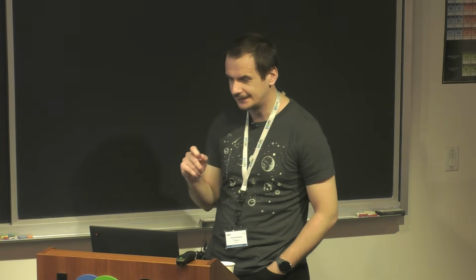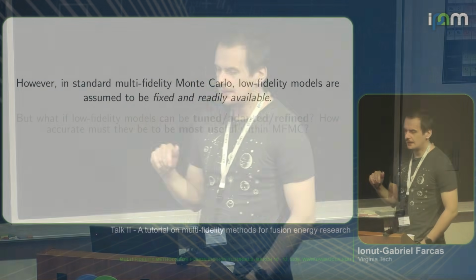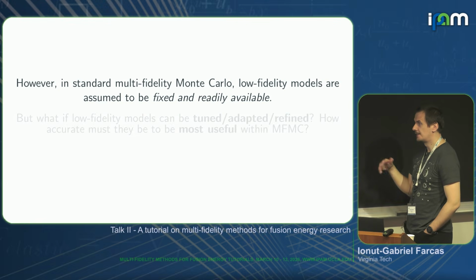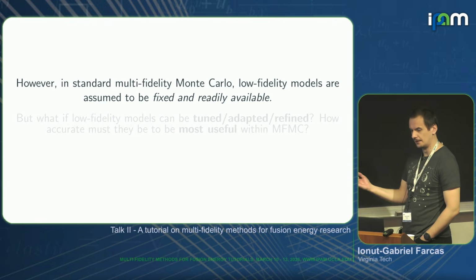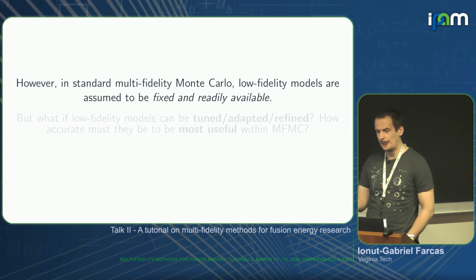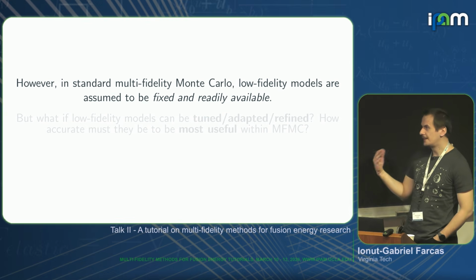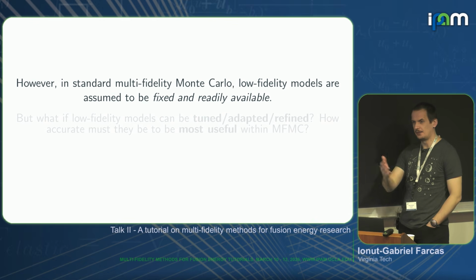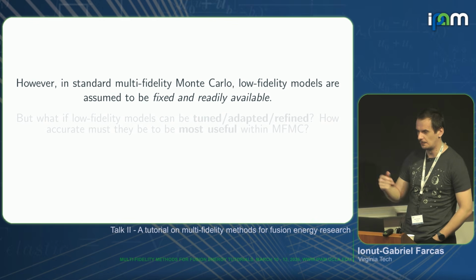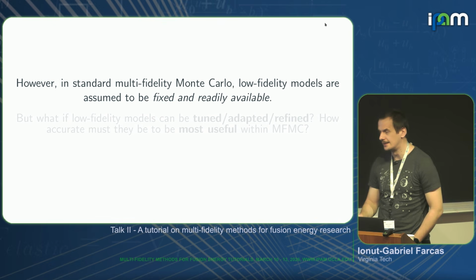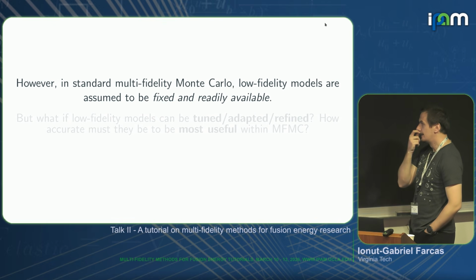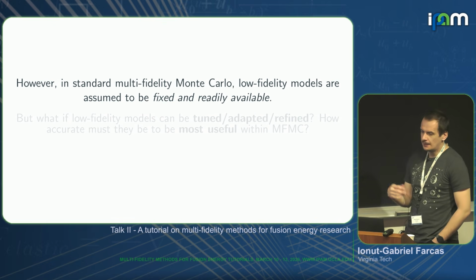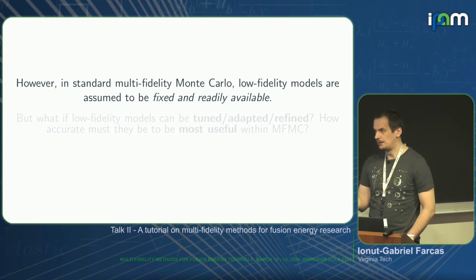However, it's an important detail. In this algorithm, it is assumed that the low-fidelity models are fixed and readily available, so someone gives them to us. Now, that assumption, of course, makes sense if the low-fidelity models are, let's say, reduced physics models, which you probably work out on a piece of paper and then you implement the code that simulates them, but not necessarily so for something like data-driven models.